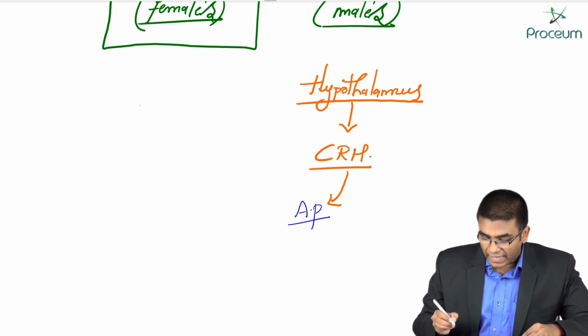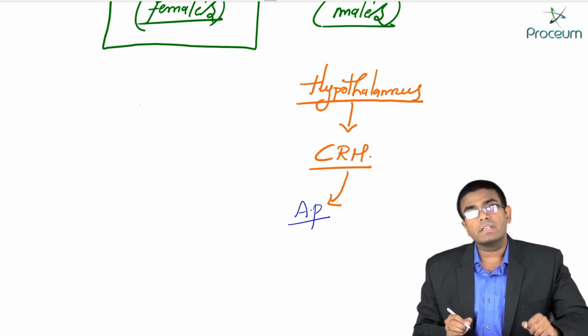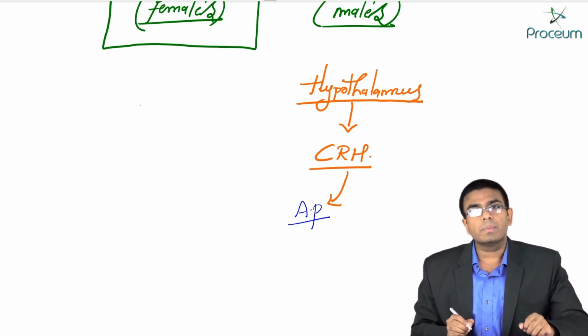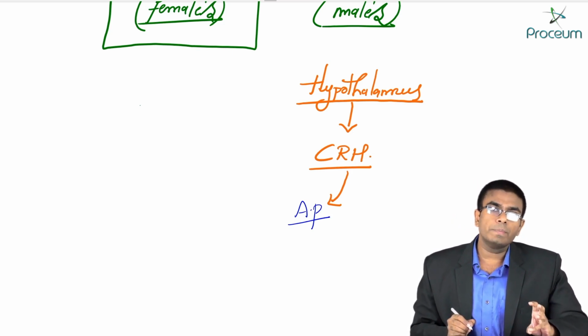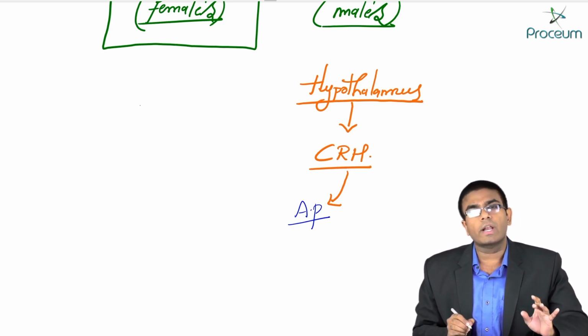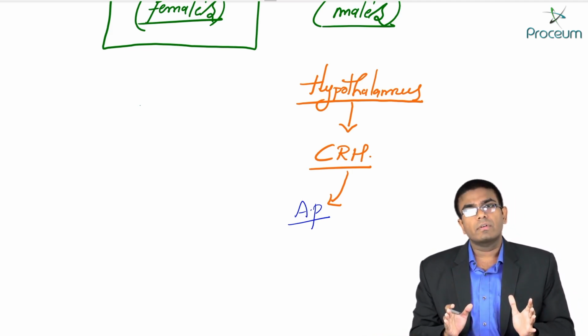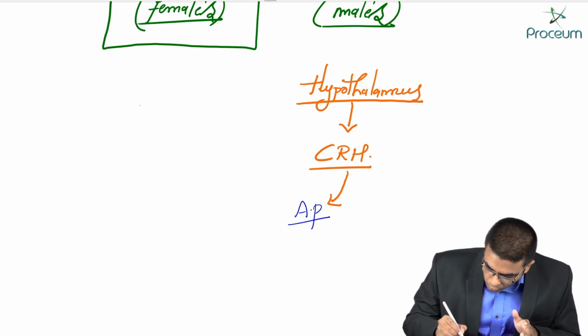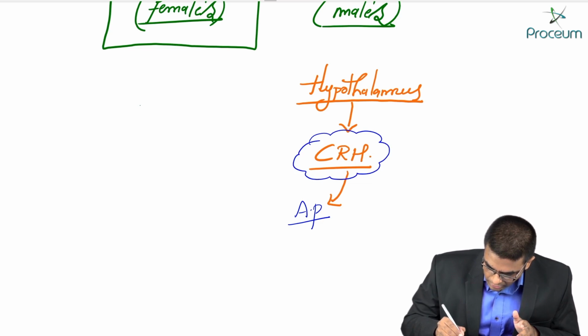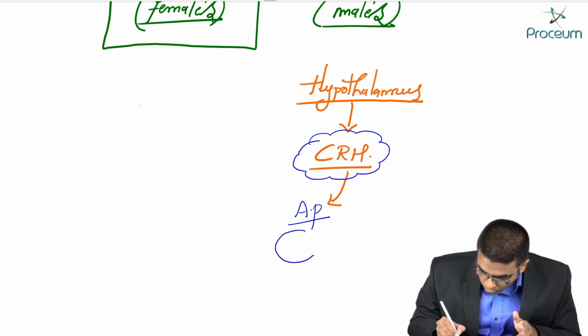Now this anterior pituitary has different types of cells. What are the different kinds of cells present in the anterior pituitary? Somatotropes, thyrotropes, lactotropes, gonadotropes, corticotropes. Now this corticotropin releasing hormone will act on corticotropes.